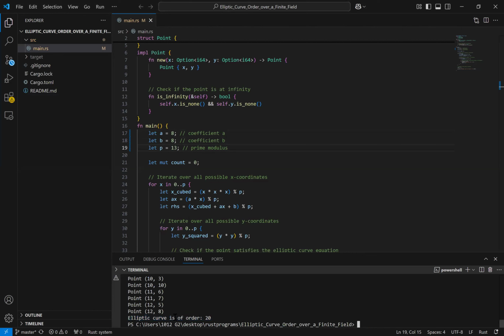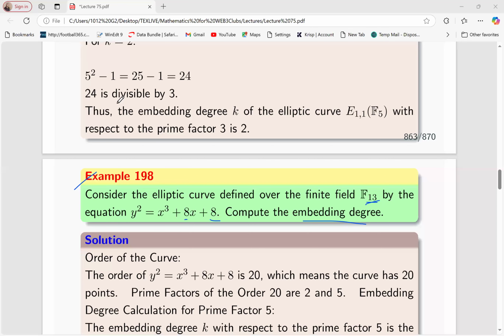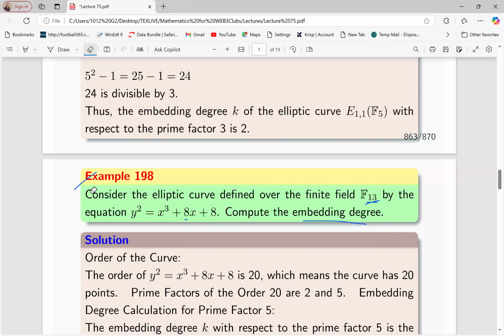It has 20 points. So then I need to find out what the factors of 20 are. How many factors do we have? That's what we need to find out. But we've already found the order of the group.